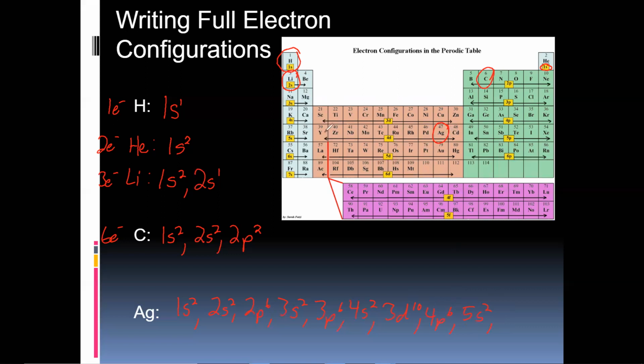So it's in the 4d, and we count over 1, 2, 3, 4, 5, 6, 7, 8, 9. So our last one is 4d9, okay? And if we were to add up all these exponents together, we would find that there's a total of 47 electrons there. So you see how this gets longer and a little bit more complicated as we keep going. All right?